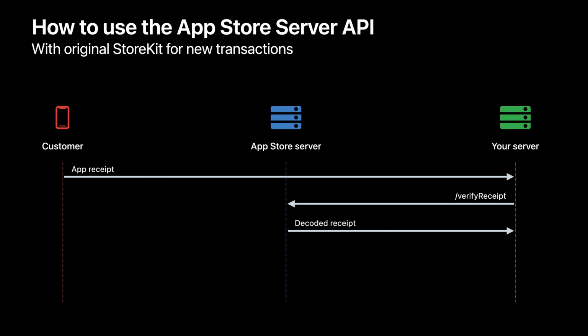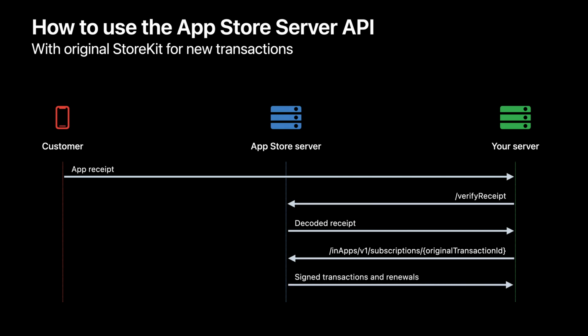Correlate those original transaction IDs with other original transaction IDs in the in-app section of the receipt to group together your transaction information. Then you can take the new original transaction ID and call the App Store Server API as needed, such as if you need to call the Get All Subscription Statuses endpoint to get you the latest status of the corresponding subscription.